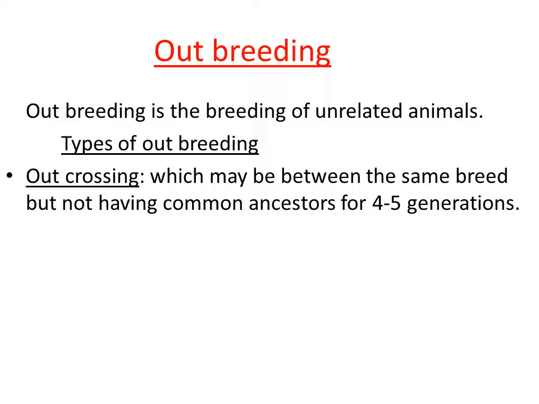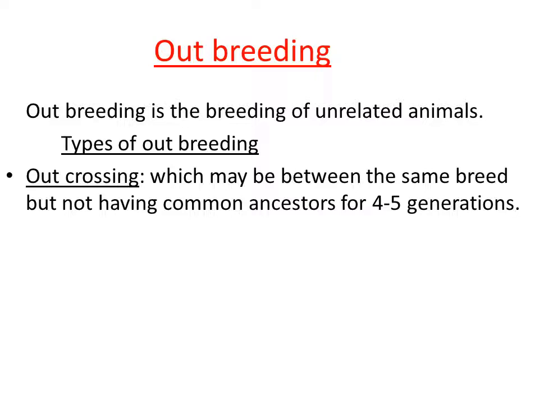What do we mean by outcrossing? In outcrossing, the mating is done between animals belonging to the same breed. Both parents, a superior male and a superior female, are selected from the same breed, but those two are not related to one another.